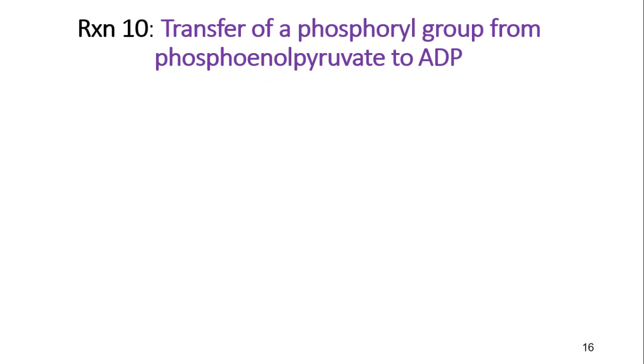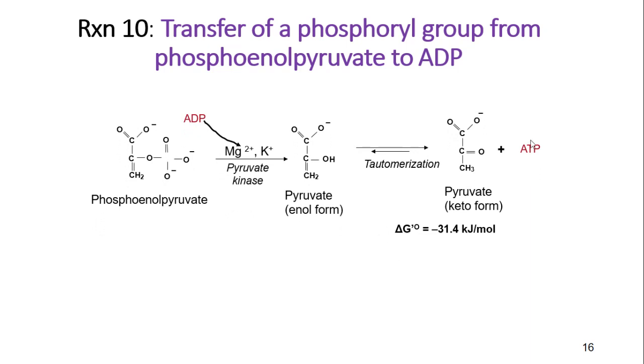Okay. With this being done, we can simply look at reaction number 10, which is just the transfer of a phosphoryl group from phosphoenolpyruvate to ADP, forming ATP. All right, so this stage is very important in such a way that it will also produce what? Produce ATP, and there will also be the formation of pyruvate, and the fate of this pyruvate will be explained later on in the next video.